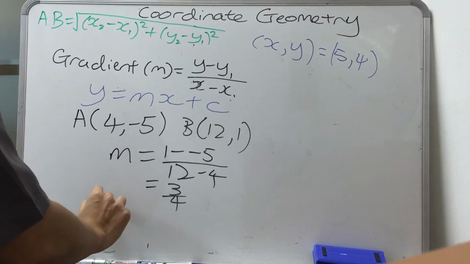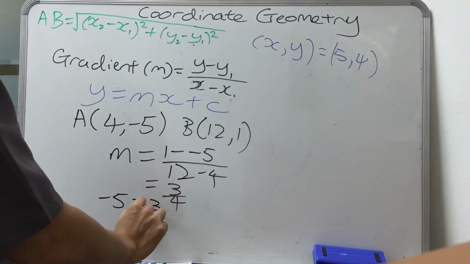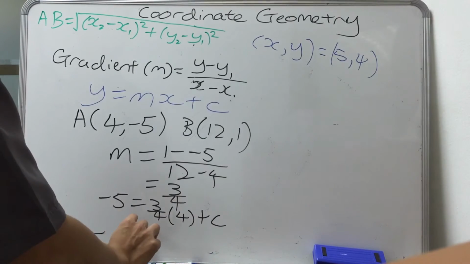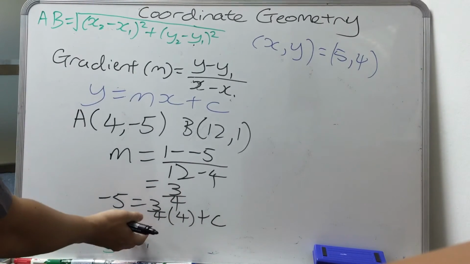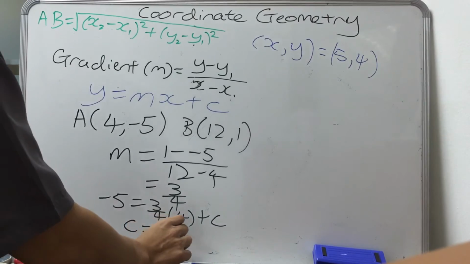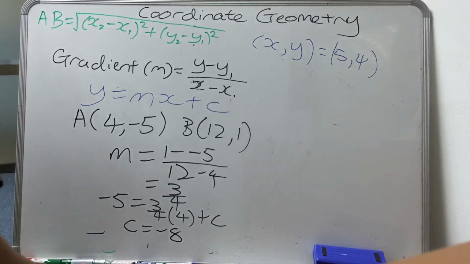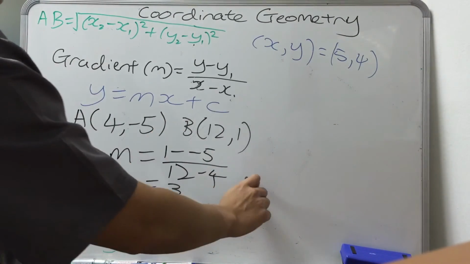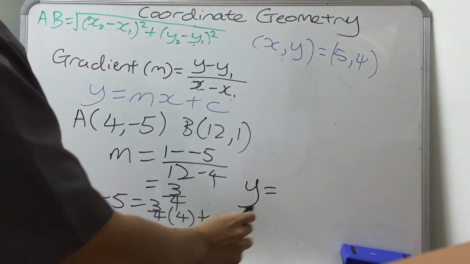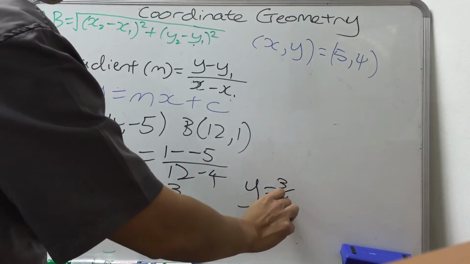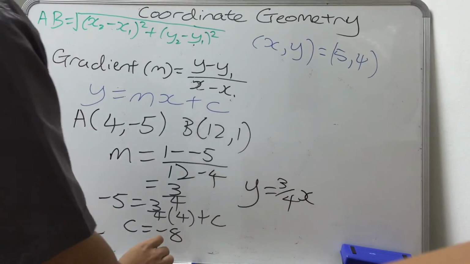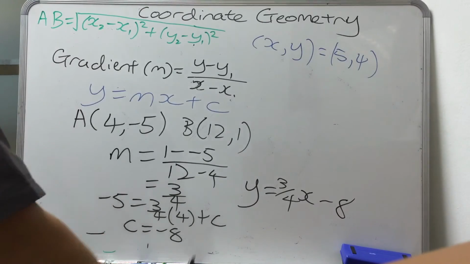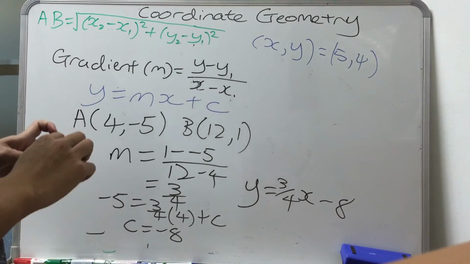So y is minus 5, gradient is 3/4, x is 4, plus c. You are able to find what c is over here. So c is actually minus 8. So you have your gradient, you have your y-intercept, you can get your equation. y equals gradient 3/4 x plus y-intercept minus 8. So your equation of the line is y equals 3/4 x minus 8.